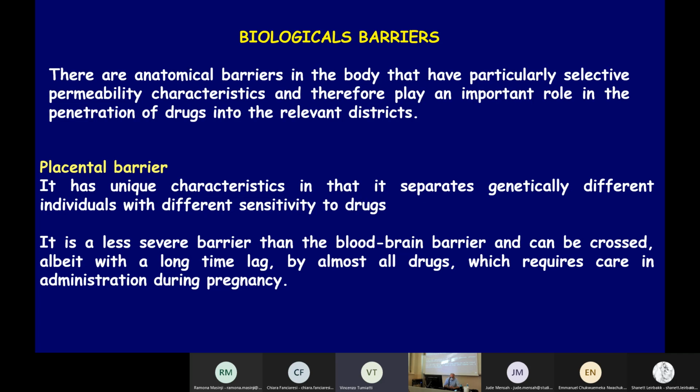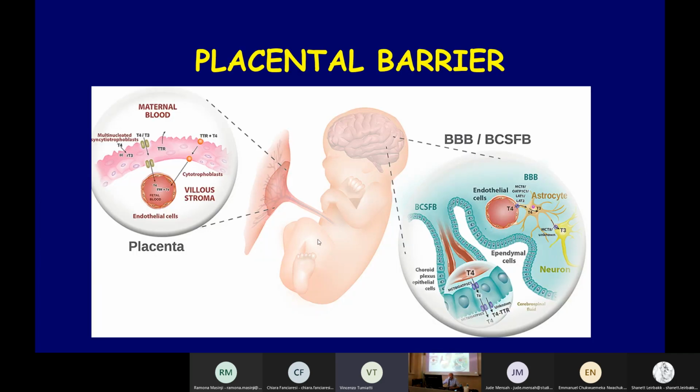And the blood-brain barrier is another barrier. You can see here in the picture the placental barrier: the placenta is here, and so the placenta is able to defend the child from the toxic compounds.